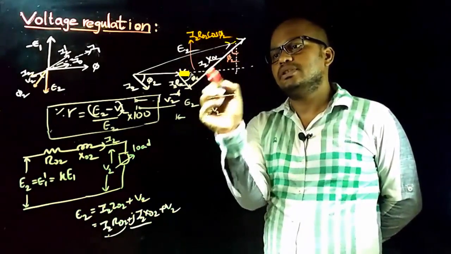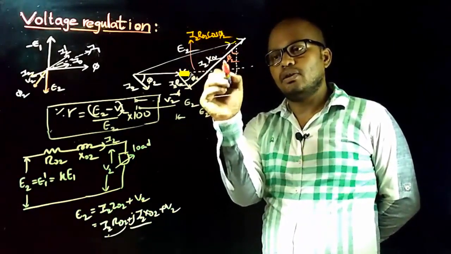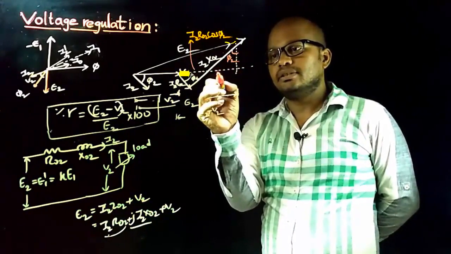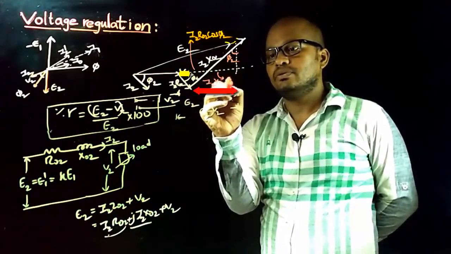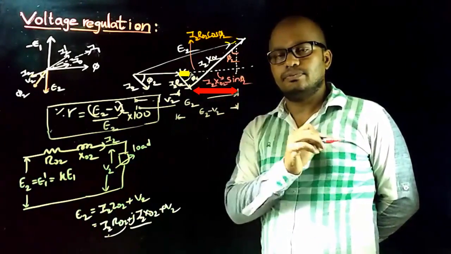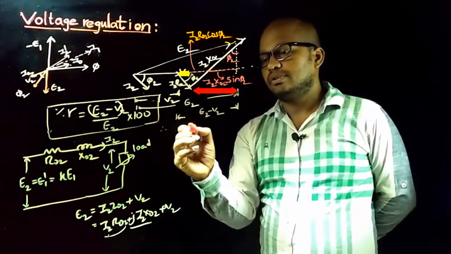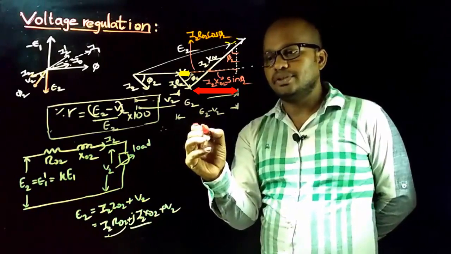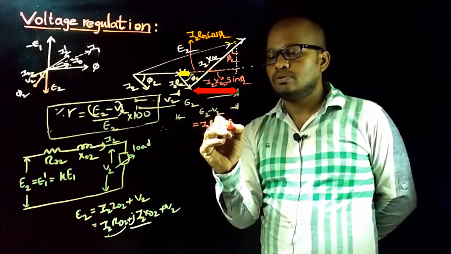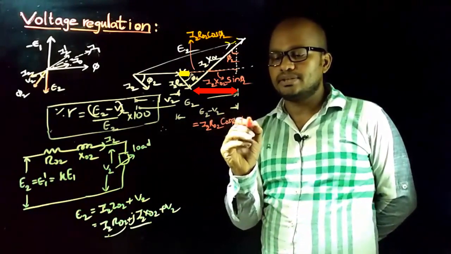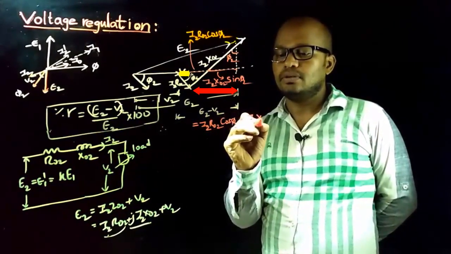And if you project the I2 X02 drop along the horizontal axis, that will represent I2 X02 sin phi 2. Therefore, E2 minus V2 can be equated to I2 R02 cos phi 2 plus I2 X02 sin phi 2.